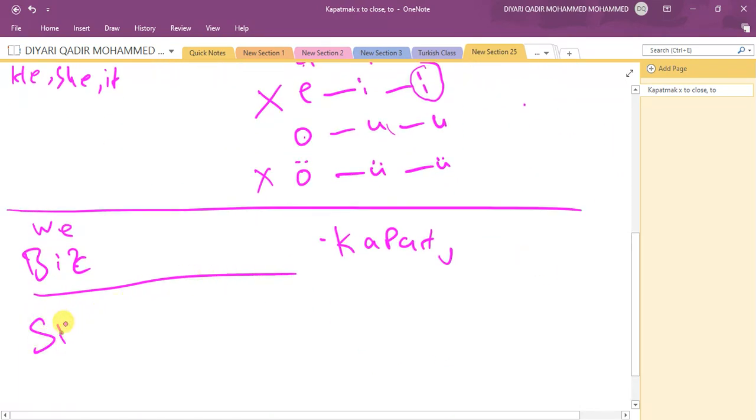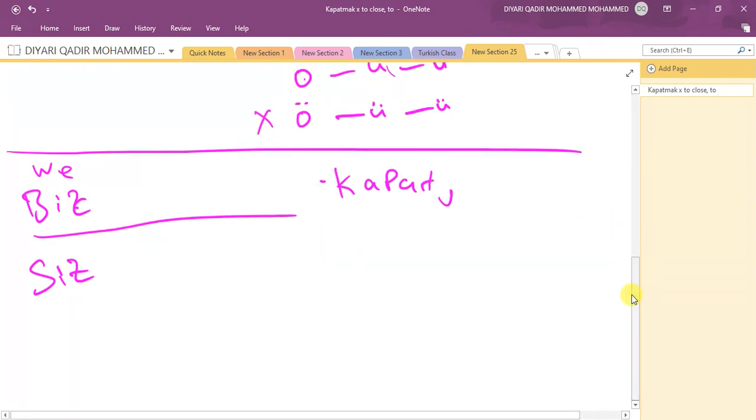How about for siz? For siz, we are using some suffixes. What are they? For siz, as you know, it's you as plural. Now, what is it? The suffixes are like this.